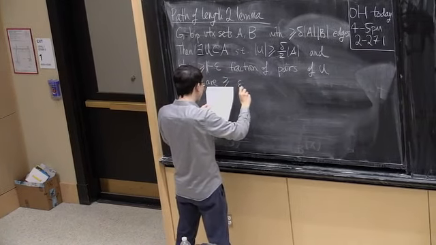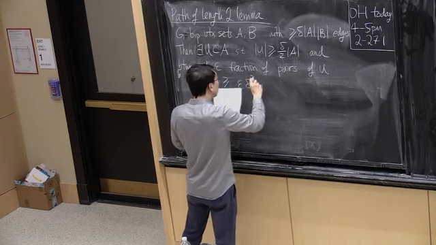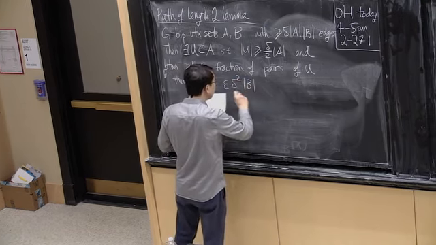So at least epsilon delta squared B over 2 common neighbors.